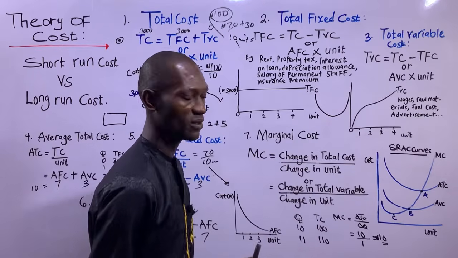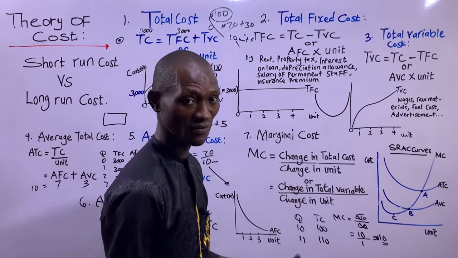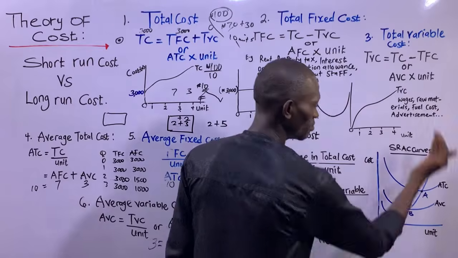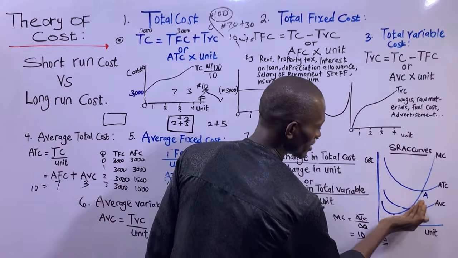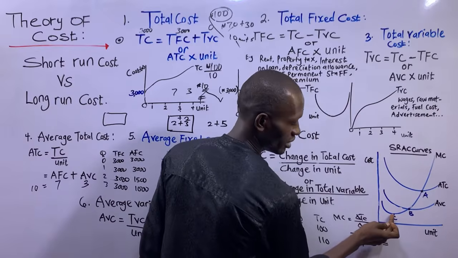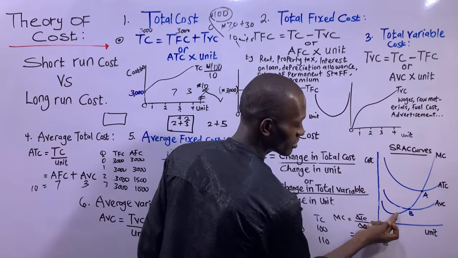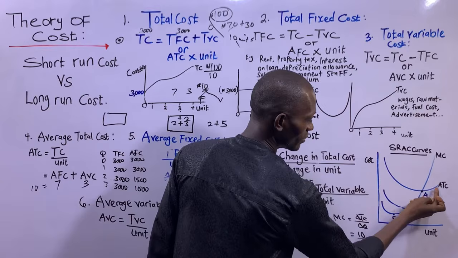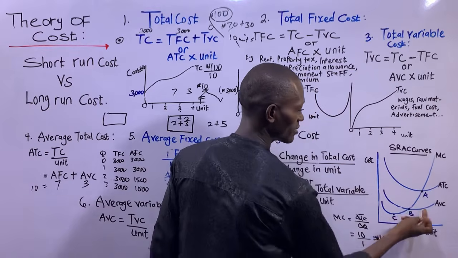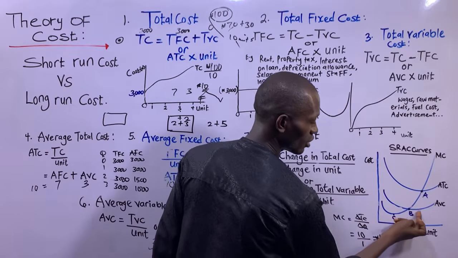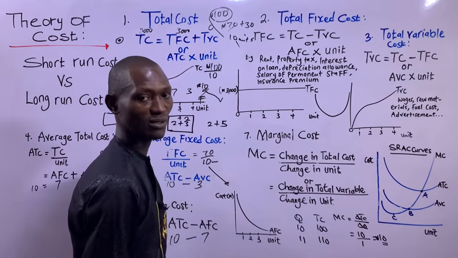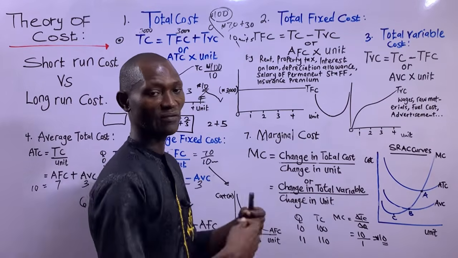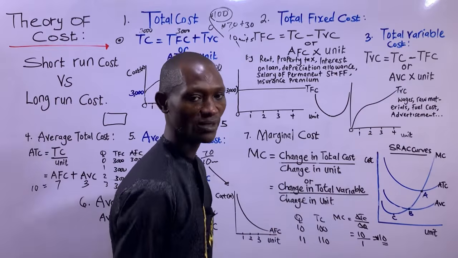And diseconomies of scale, you will tend to see it in a firm when the cost per unit starts rising. And here you can see that marginal cost, this is the minimum point of marginal cost, starts rising. Average total cost also starts rising, and average variable cost also starts rising. And that is the result of the fact that the firm is experiencing diseconomies of scale.